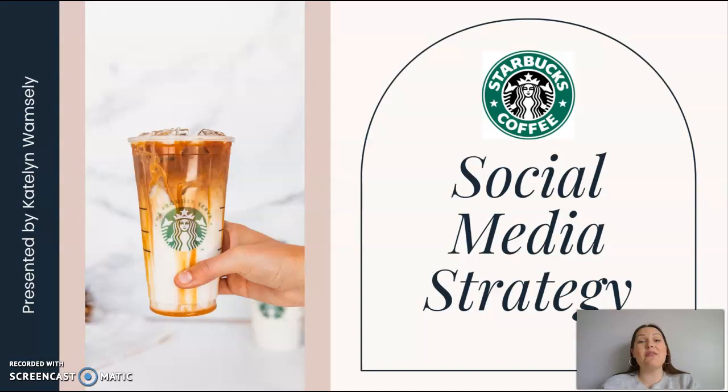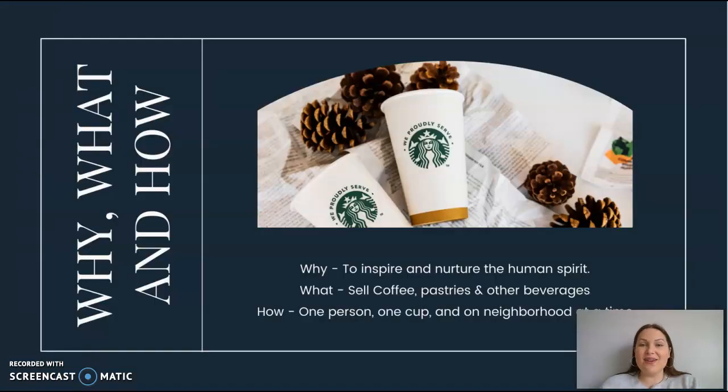We are going to be going over the strategy for the next 6 months, so let's just jump right into it. We are going to start with the why, what, and how, or with everything that we're doing. The why is we want to inspire and nurture the human spirit, and the what behind that is we're going to be selling coffee and pastries and other beverages, specifically non-caffeinated beverages, to our customers.